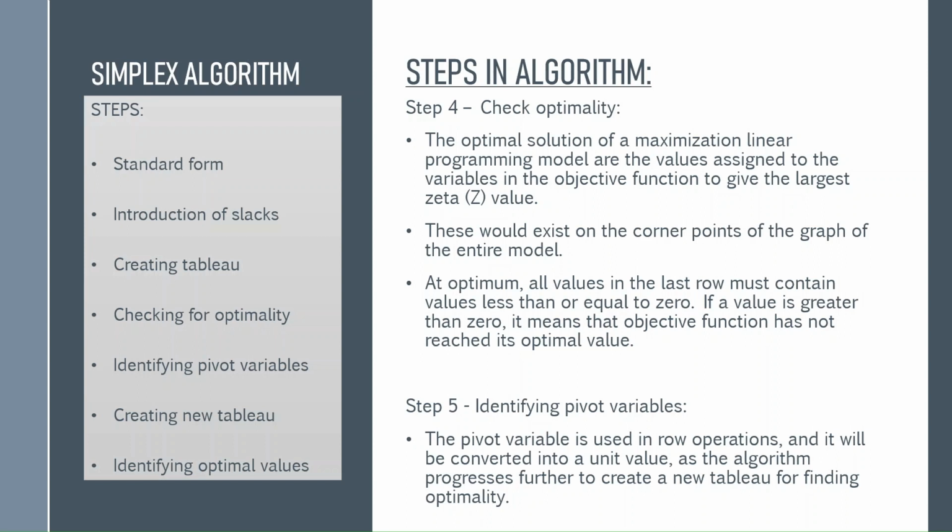Step 5. Identify pivot variables. The pivot variable is used in row operations and it will be converted into a unit value as the algorithm progresses further, to create a new table for finding the optimal.